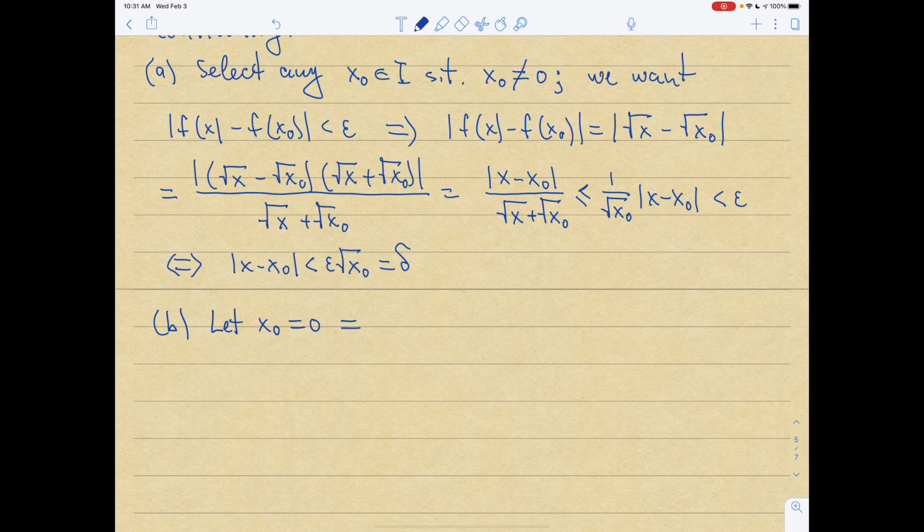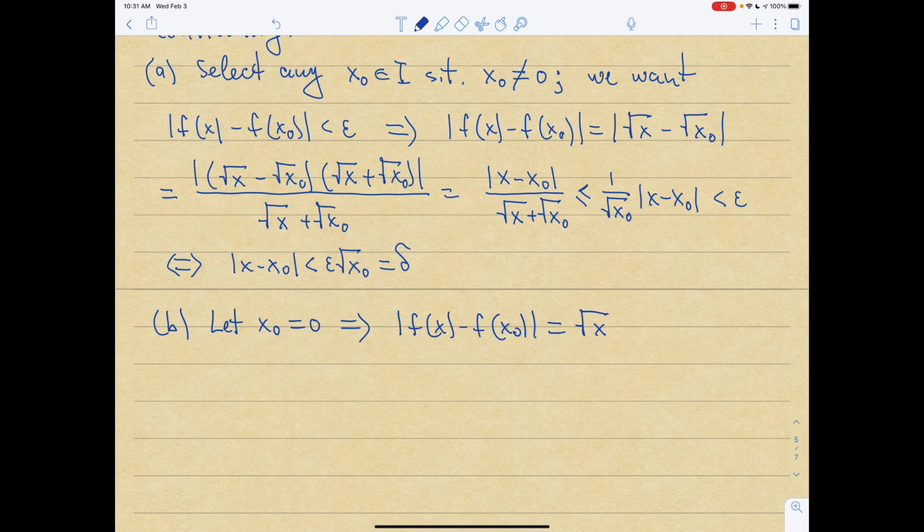Then we need to make, again, f of x minus f of x0 to be less than epsilon. So then f of x minus f of x0 is going to be just square root of x, right?